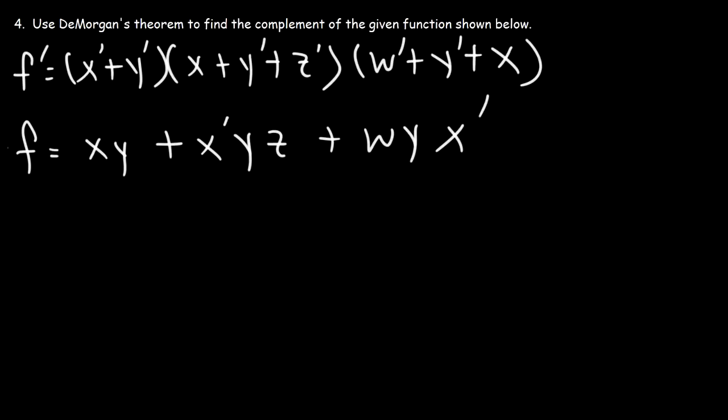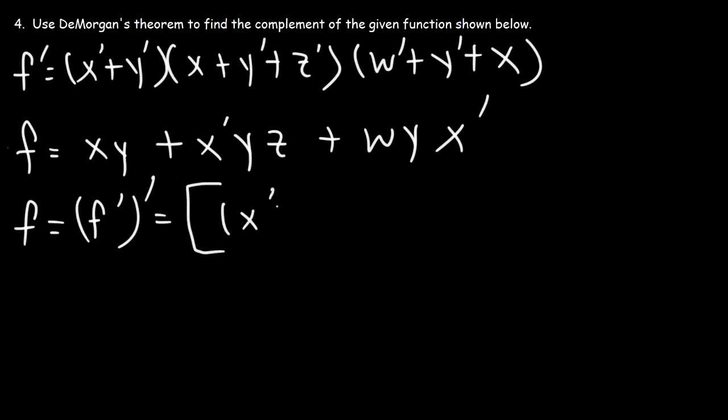And so what we're going to do to get f is we're going to take the complement of f prime. So we could say that f is basically f prime prime, which I believe is the involution property. So let's use that. So let's write f prime within a set of brackets.